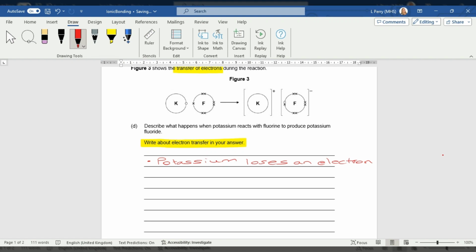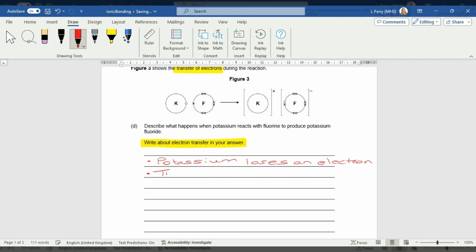If I then look, well, it's also now got a bracket round it with a little plus at the top. So because it's lost an electron, it's become positively charged, but the diagram shows me that. So I can add another bullet point.